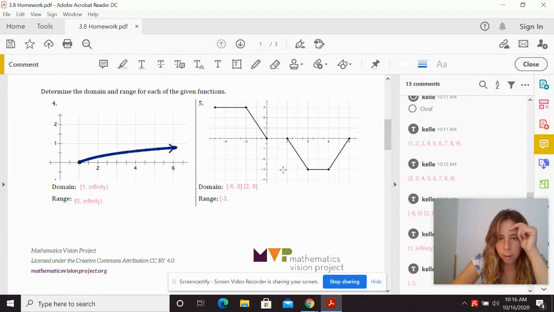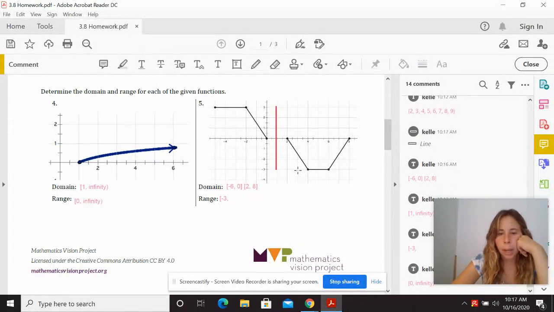So everything from y equals -3, everything has a point corresponding to it.